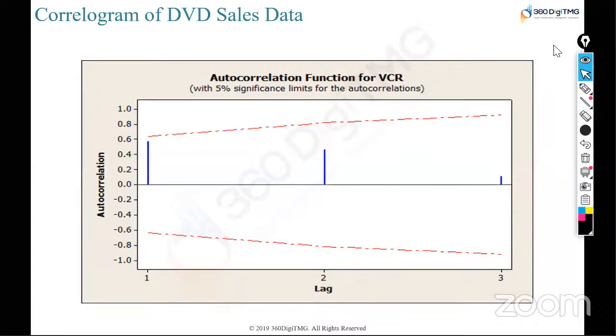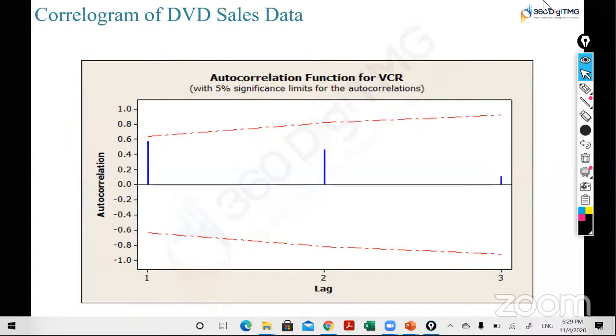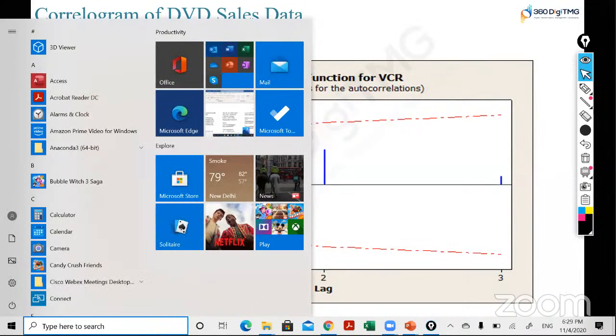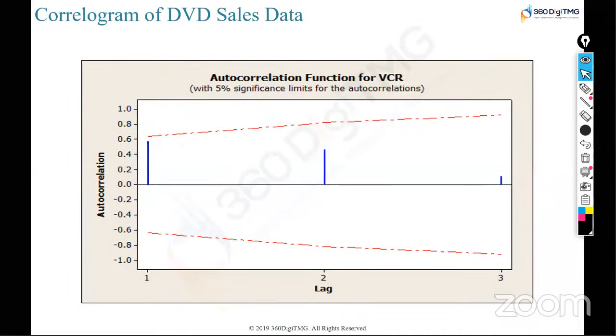Now, I'm going to give you some more information about this ACF plot. If you look at this plot, none of the lags are significant, meaning none of the lags are usable. Why?